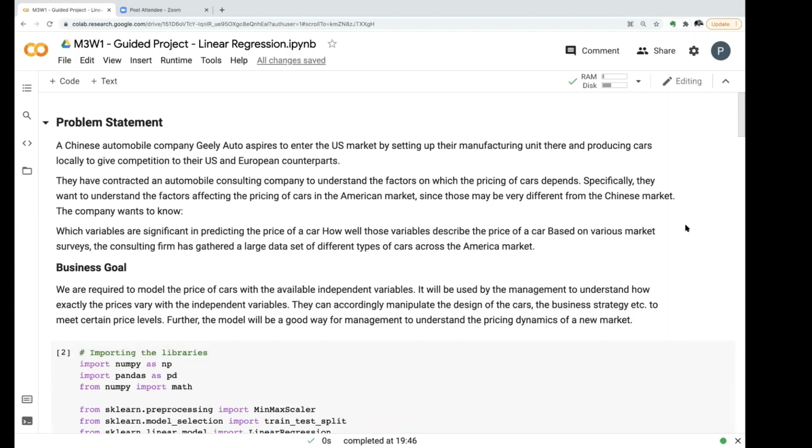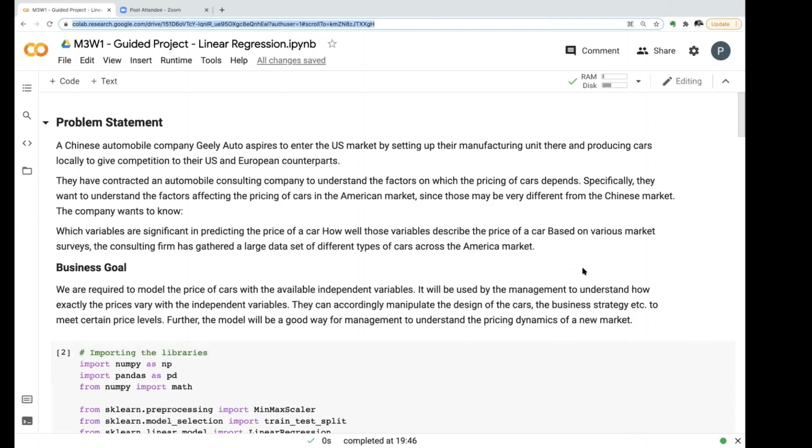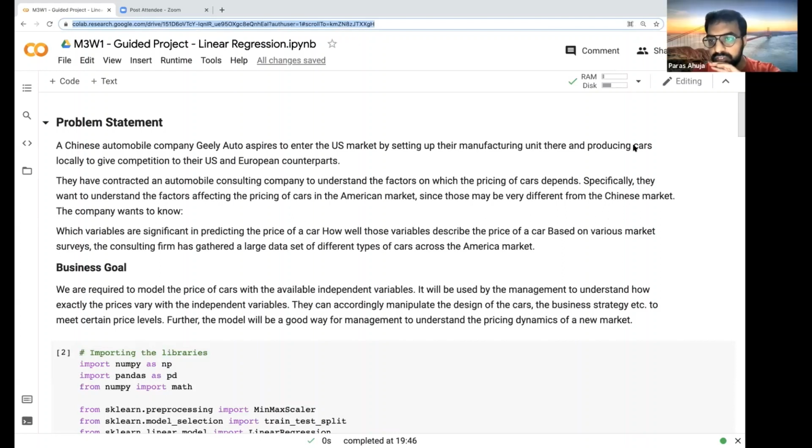Don't ignore the last message. I'm copying it again and then posting it. I think those who attended as attendees are not able to, is it like that? No. I'm copying it again.